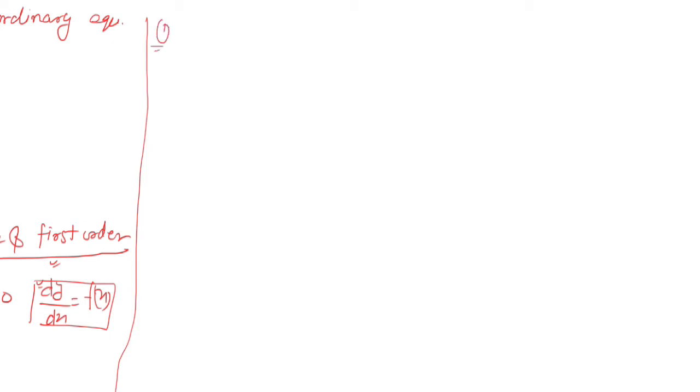So first method which we are going to talk about is variable separation. This is the first method. As it is clear from the name itself, in this method you separate the variables and then solve the equation. So this may be dx equal to some function of f(x) and dy.